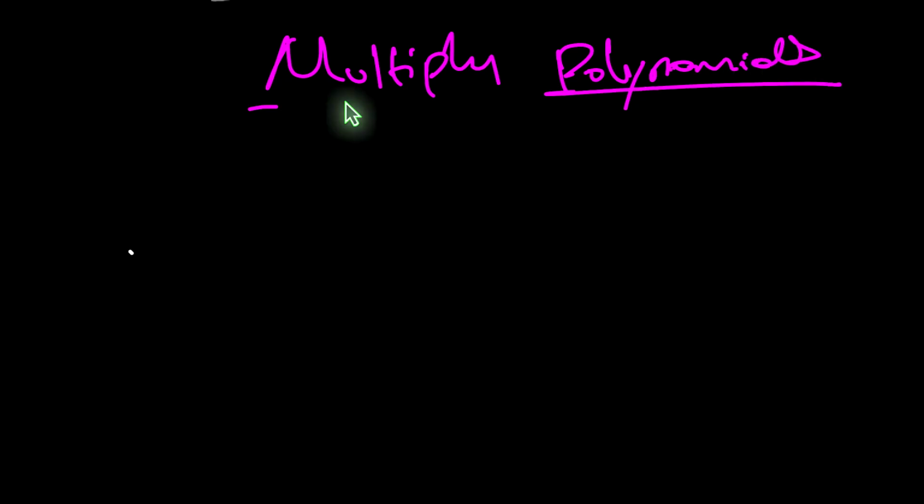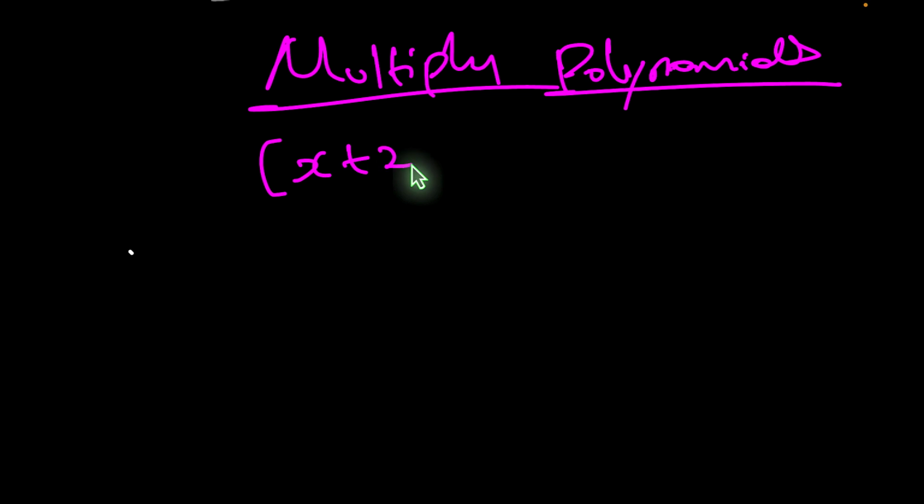And what we're going to look at next is how to multiply. Let's say what we have in one bracket is x plus 2, and in another bracket is x plus 5. This is going to turn out to be pretty straightforward.